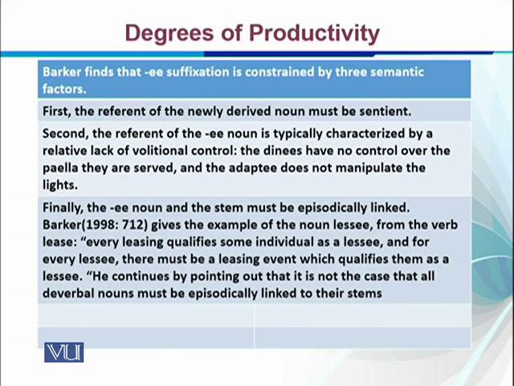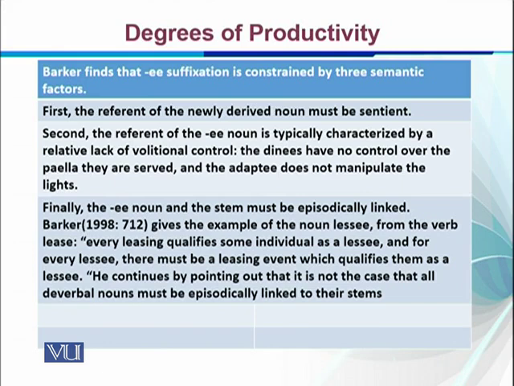Sentient means relating to feelings. Second, the referent of the ee noun is typically characterized by a relative lack of volitional control. The dinees have no control over the paella they are served, and the adaptee does not manipulate the lights. Finally, the ee noun and the stem must be episodically linked. Barker gives the example of the noun lessee, from the verb lease.